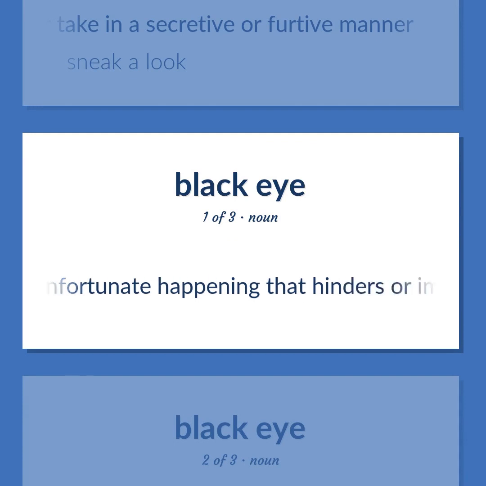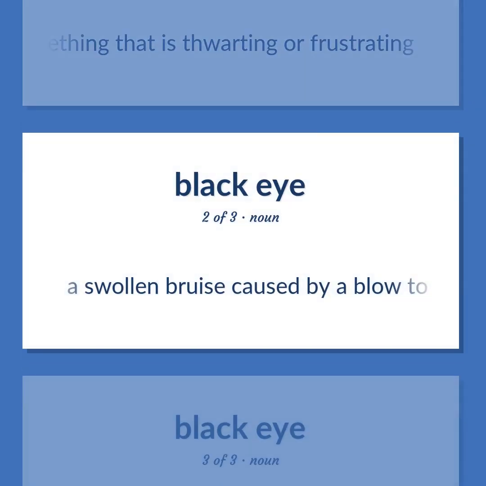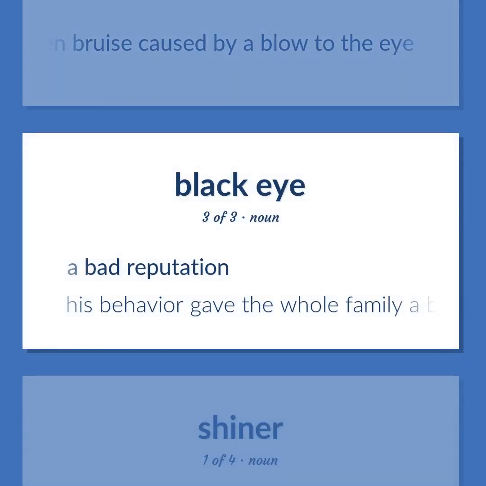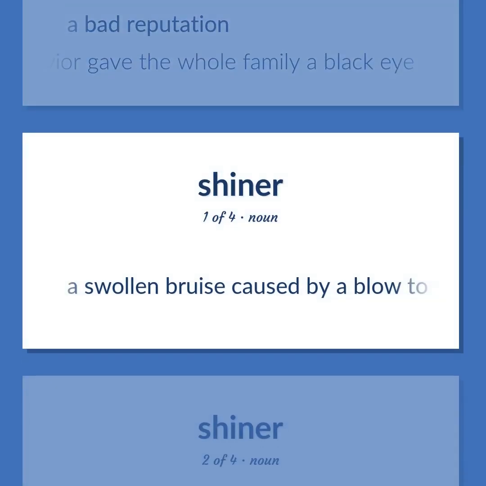An unfortunate happening that hinders or impedes, something that is thwarting or frustrating. A swollen bruise caused by a blow to the eye. A bad reputation. His behavior gave the whole family a black eye. A swollen bruise caused by a blow to the eye.